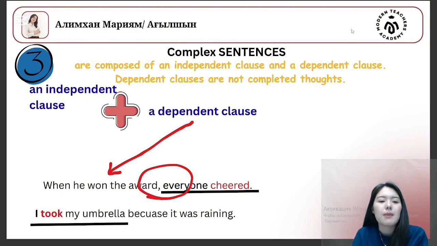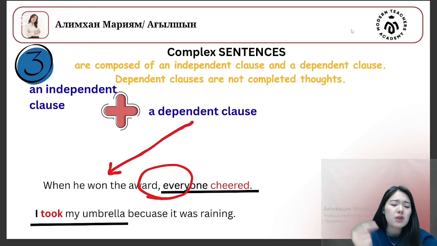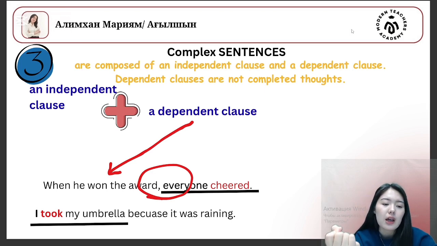Meaning, for example, let's look at the first example. When he won the award, everyone cheered. The first clause is a dependent clause. Why? Even though we have a subject here, he, and the verb won, yes? Award means prize, but it's not a completed thought.